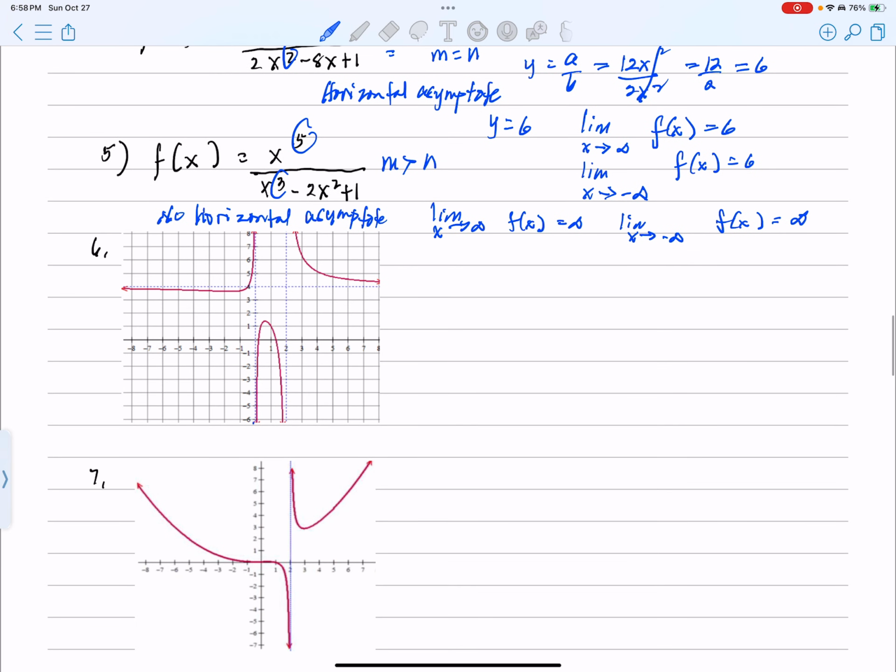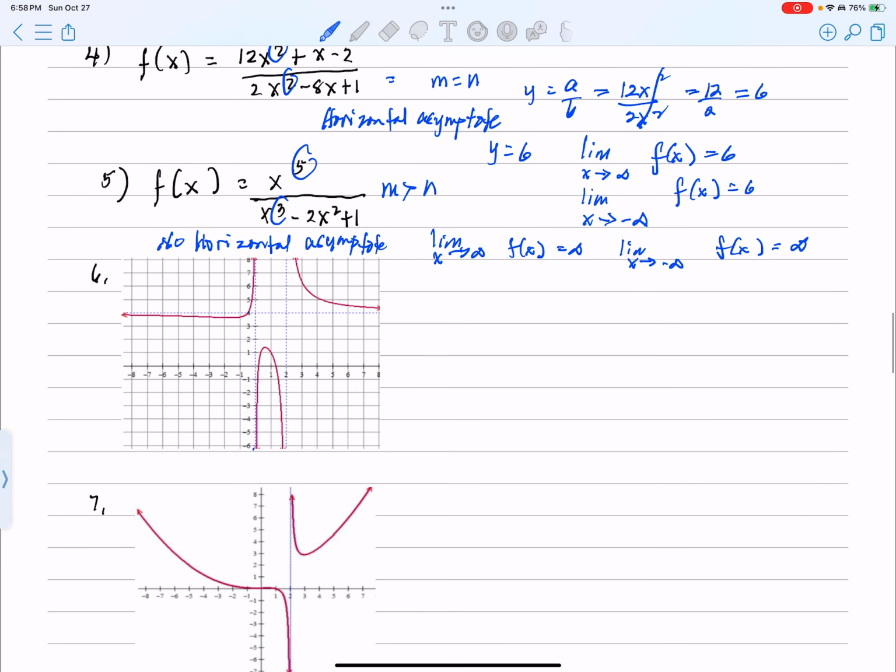Okay, let's look at this graph. Using the graph, let's look for the asymptote.